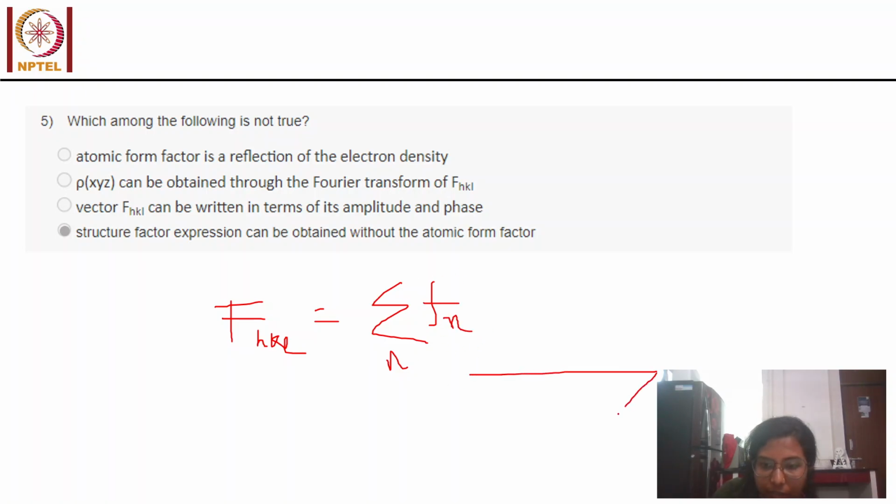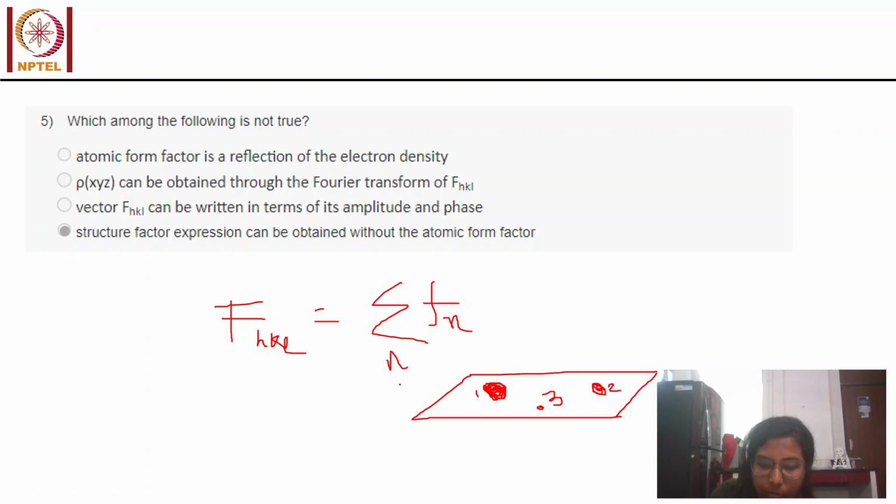It is like if we have an HKL plane like this, we have some electron density here, some electron density here, a small electron density here. So this might be a small atom like a hydrogen, suppose. This can be a very large atom. This can be a small atom. So this is 1, this is 2, this is 3.